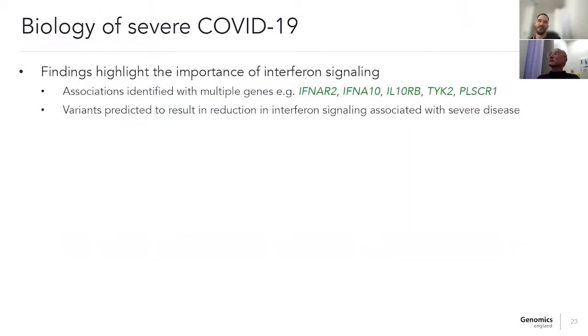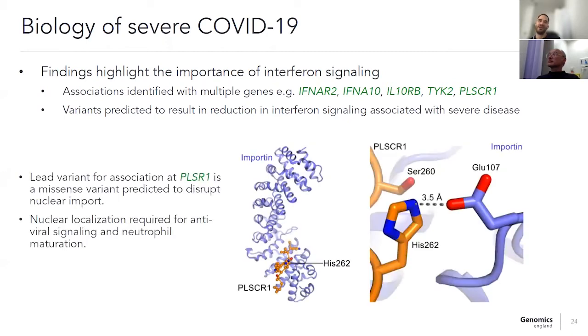Next slide. So summarizing the results from all the analyses that I just showed you, we see an important role for interferon signaling, and the variants are predicted to result in a reduction in interferon signaling, and this is associated with the severe disease. Next slide. And I have two examples for which we have the actual crystal structure for the changes, especially for PLSR1, which is the exact protein.